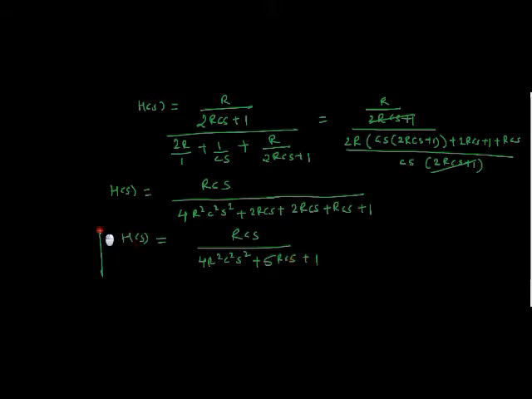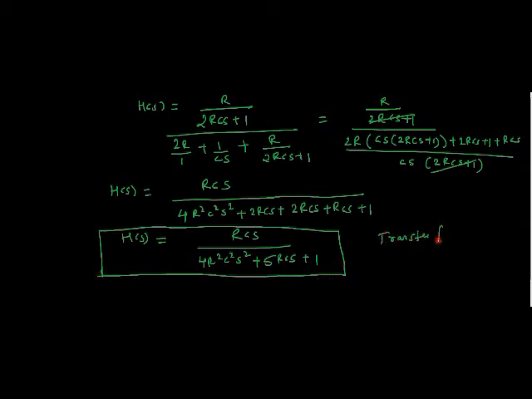So this is our transfer function of the beta network. Now let's see how to manipulate this and get our beta, and what the conditions are, which we can analyze entirely from this H of S.